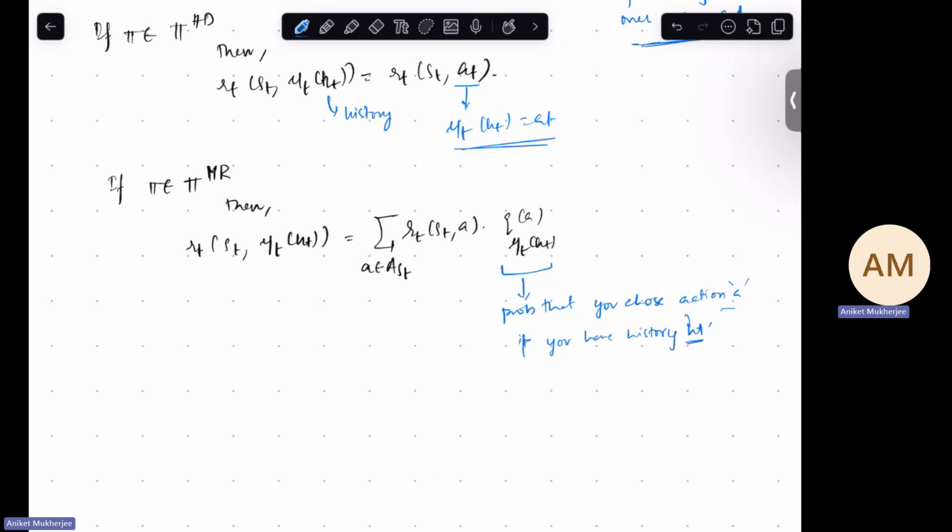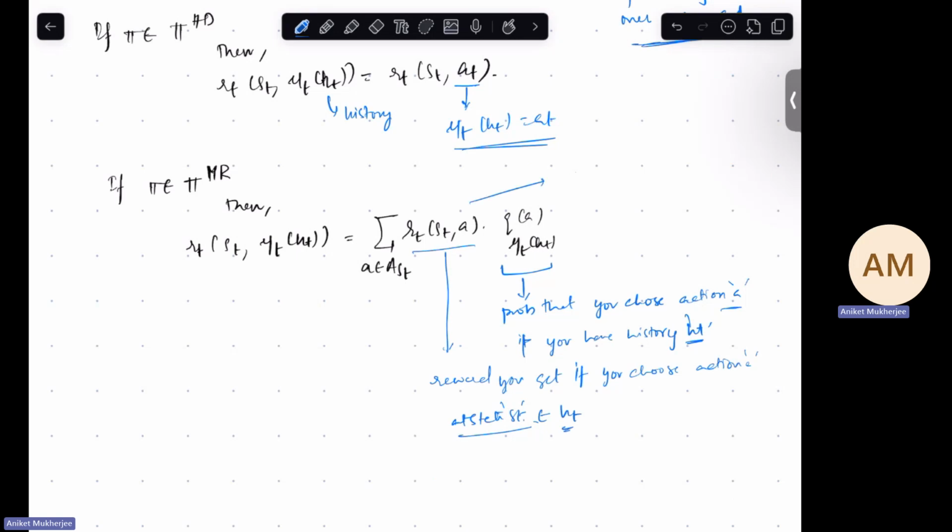If this is given, that is the probability that you choose A. And this is the reward you get if you choose action A at state ST, right? And ST belongs to the vector HT, because the last element of HT is ST.